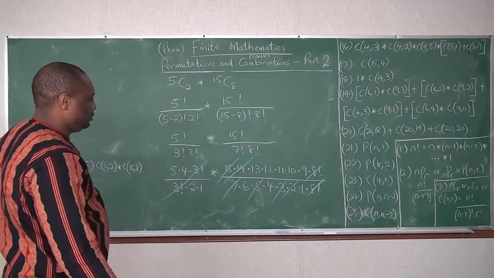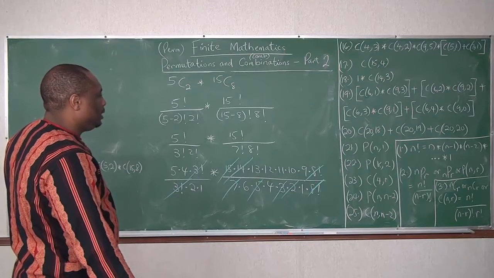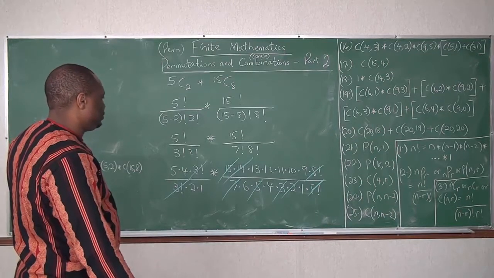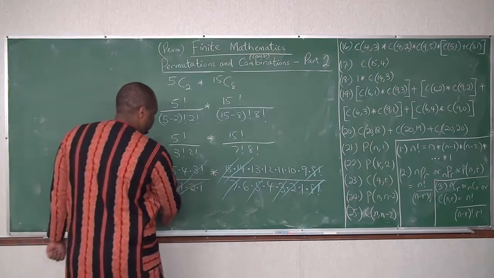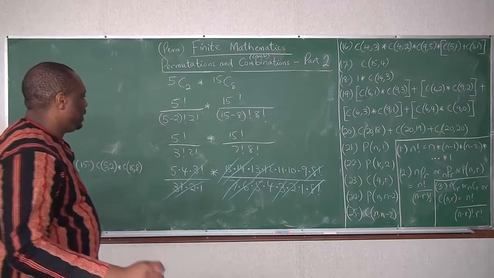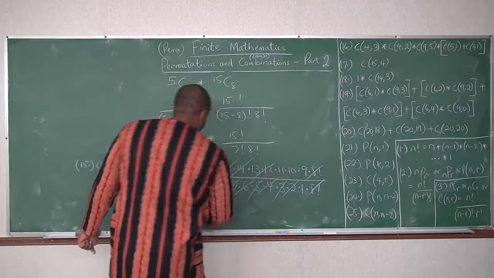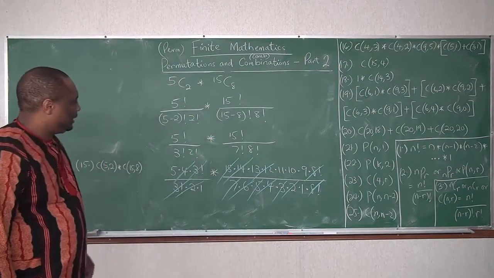So we have 2, 6, and 4 in the denominator. 6 times 2, 12, so 2 and 6, 12, gone. We now have only 4, and 4 can go here. 4, 4, bam, that's gone.